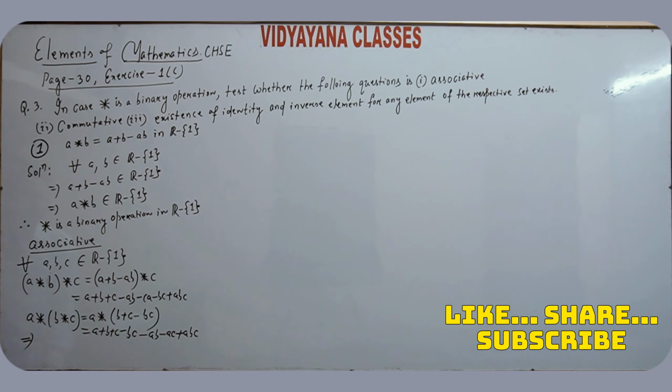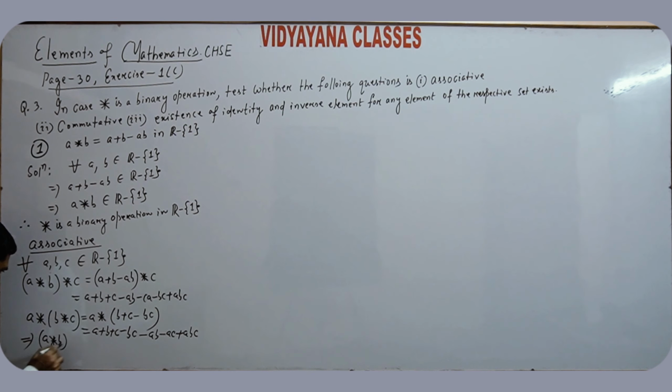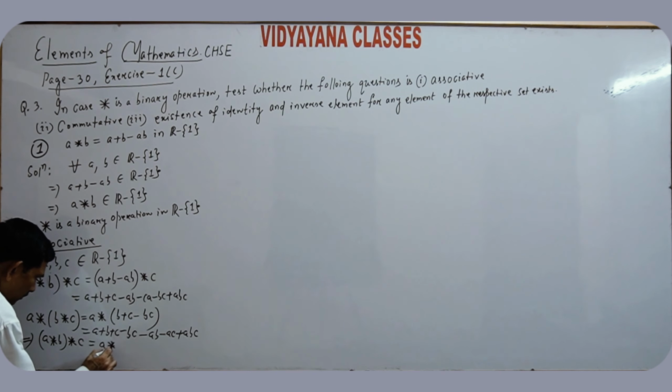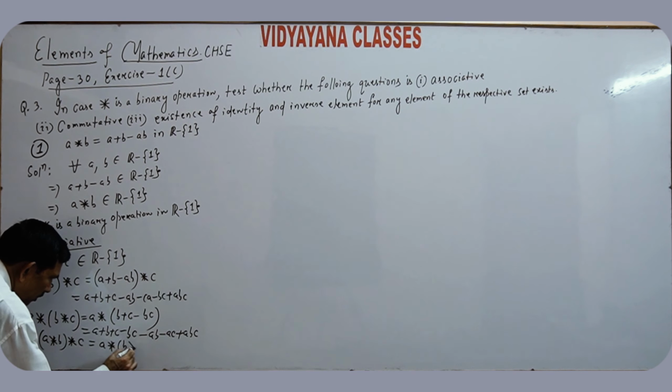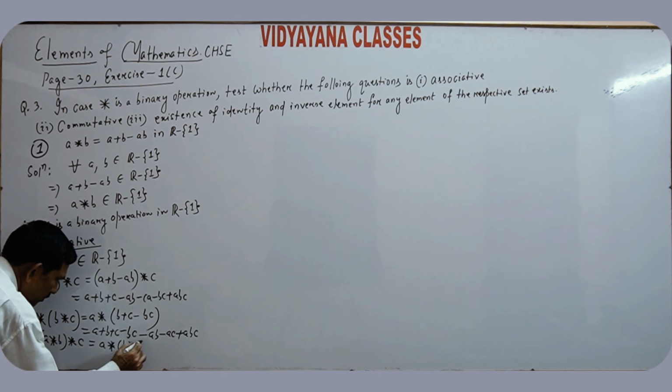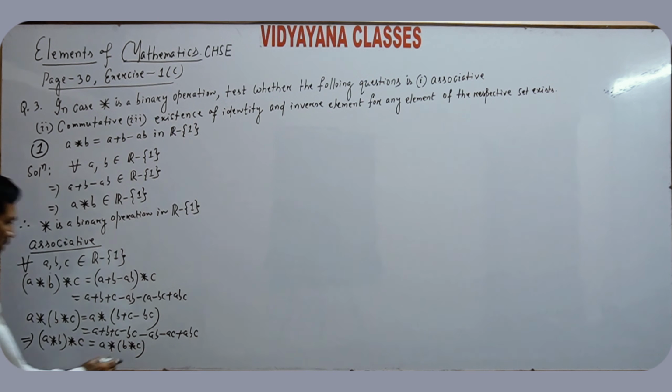Implies A star B bracket star C is same as A star B star C bracket implies A star B star C is equal to A star B star C. This is same as this.